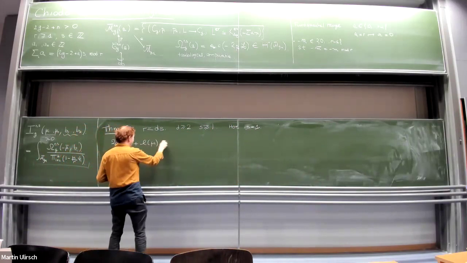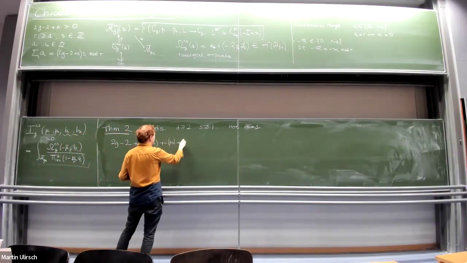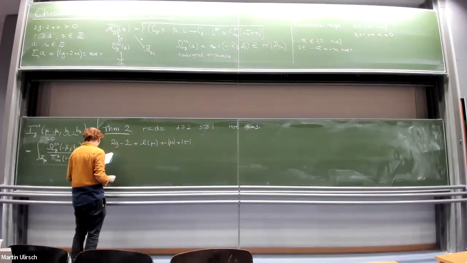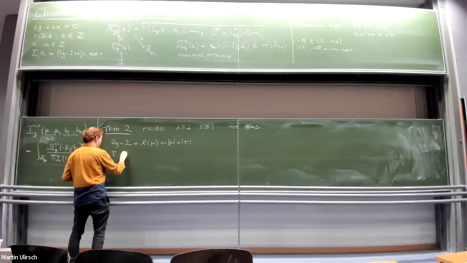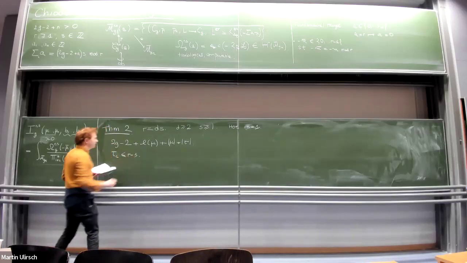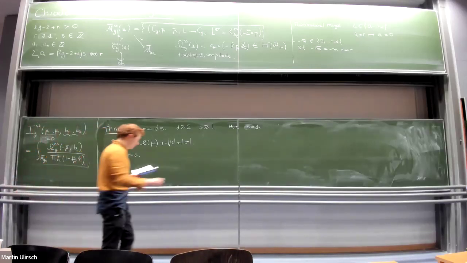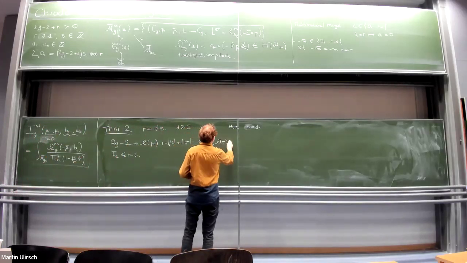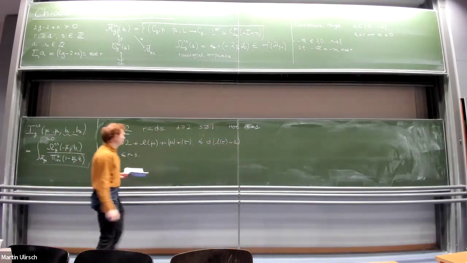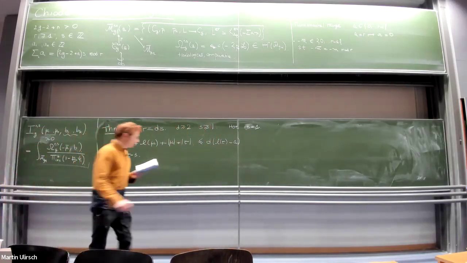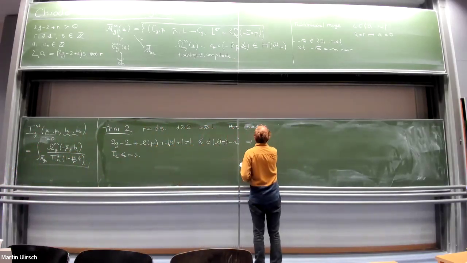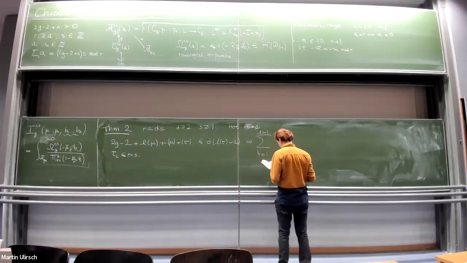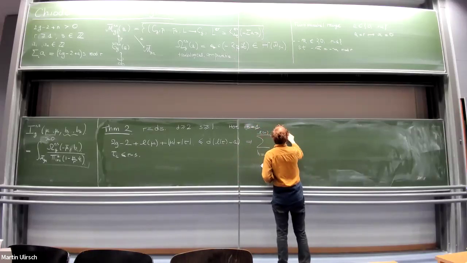I'm directly going to write what the vanishing is. So you take tau, which is a partition with size more than r minus 1. Then this should be smaller than d at r minus 1. And if this is true, then you have the following relation. It's always a sum with alternating signs.